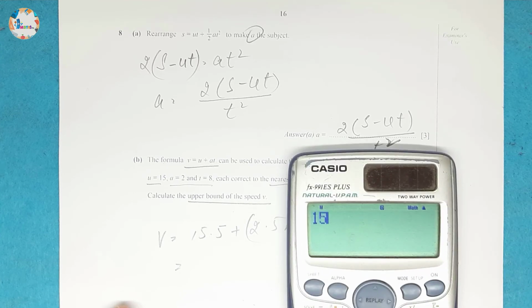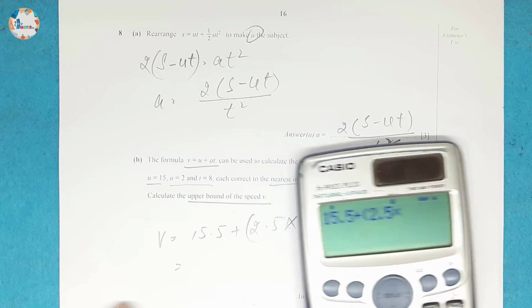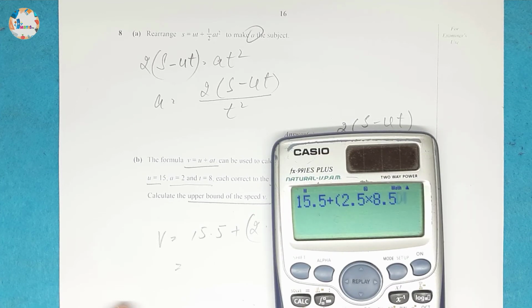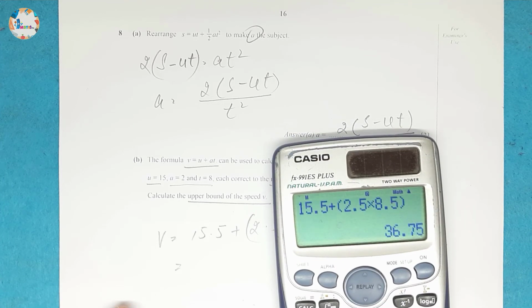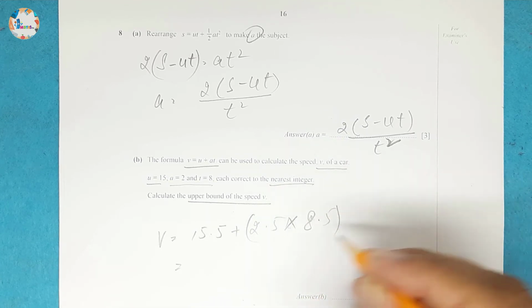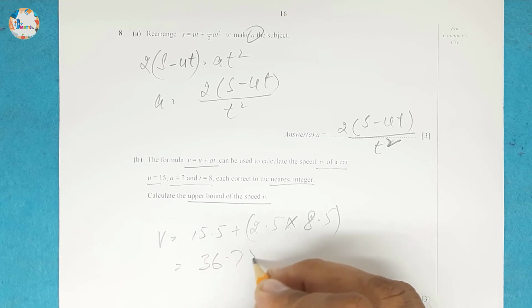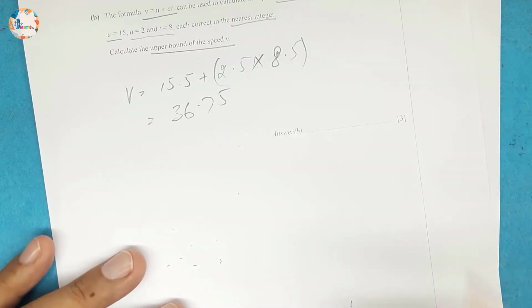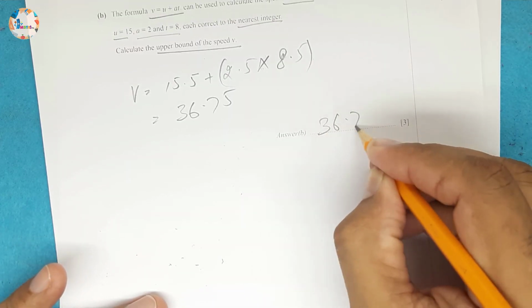So this will be 15.5 plus in brackets 2.5 into 8.5, and this will result in 36.75. So 36.75 will be our final answer for this question.